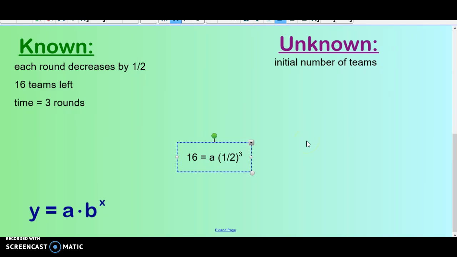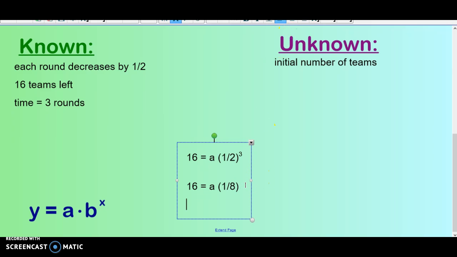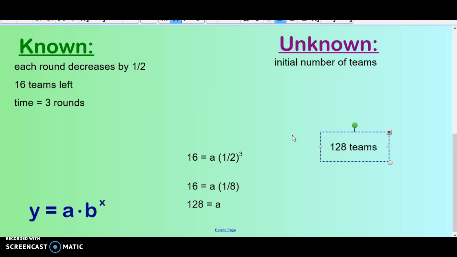Now we have to go and solve to figure out what A equals. 1/2 to the 3rd power equals 1/8, so I get 16 equals A times 1/8, and then I multiply both sides by 8 to get rid of that, and I get that 128 equals A, which was our initial value. So 128 teams started in the tournament.